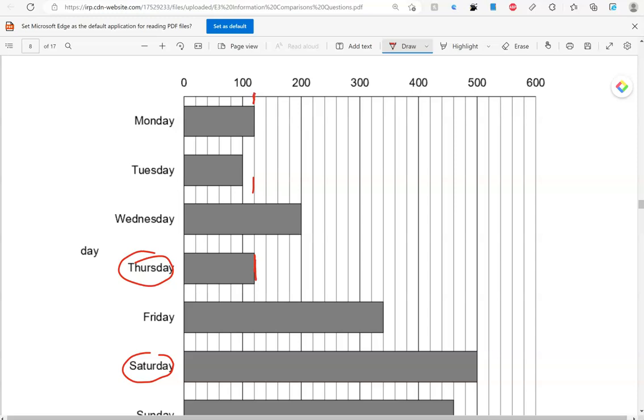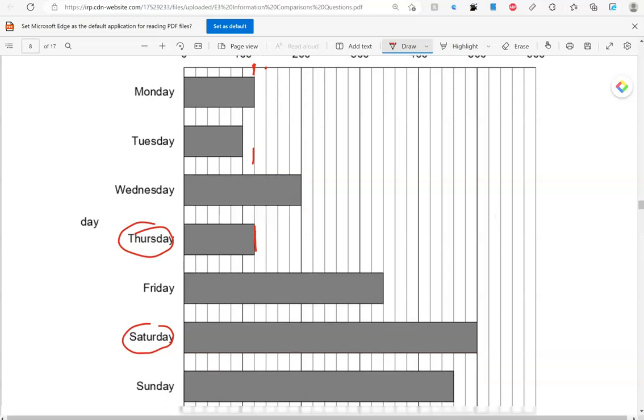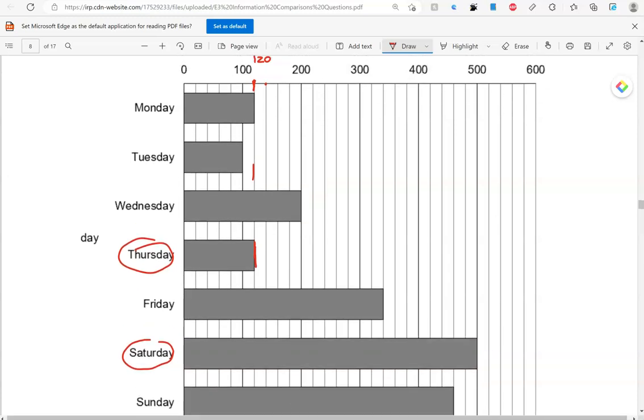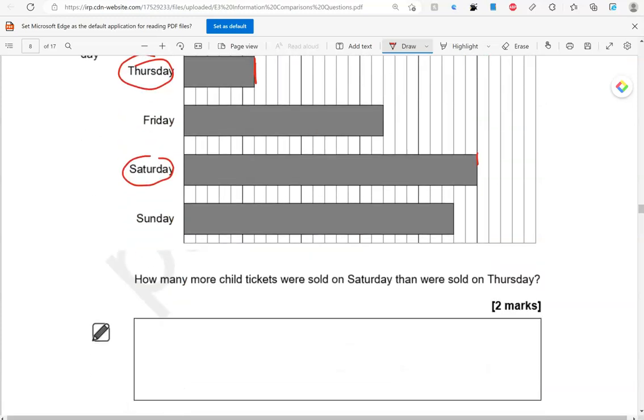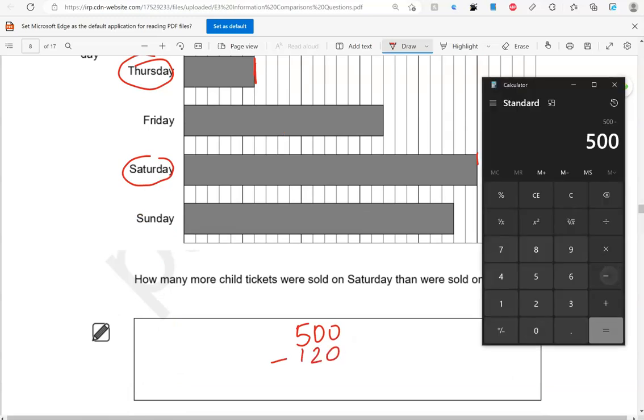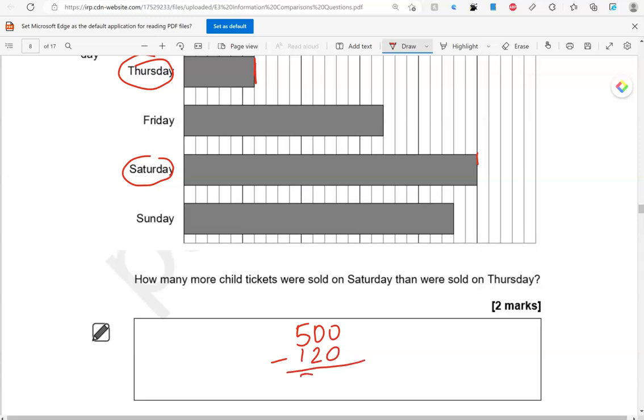So 120, 140, 160, 180, 200. So that works. So this is 120. Saturday, we've got 500. So 500 take away 120. And that's 380.